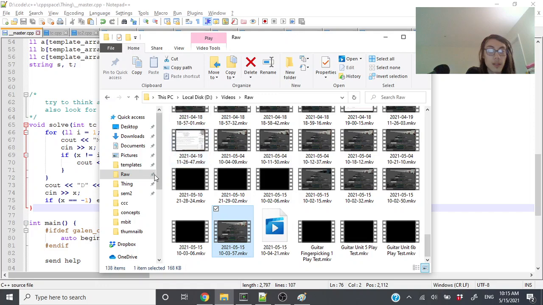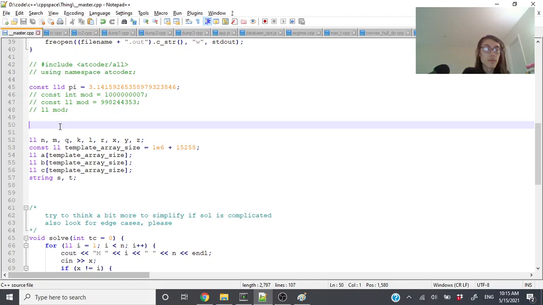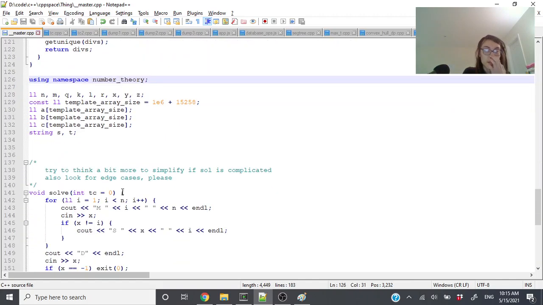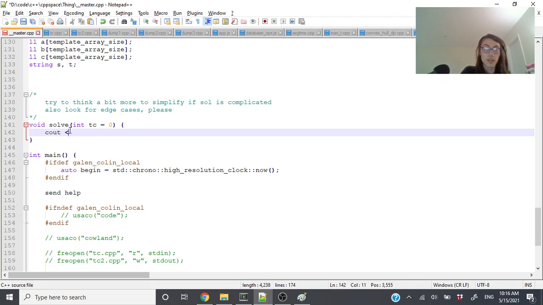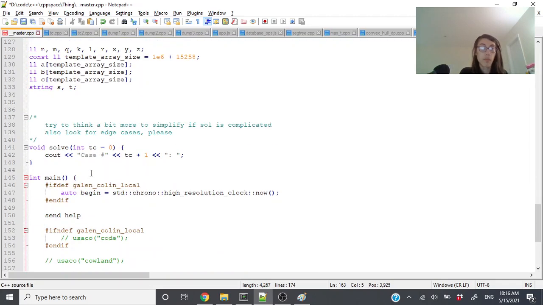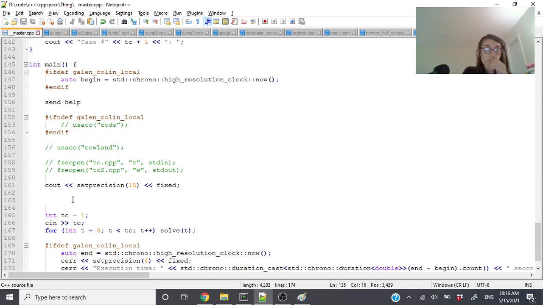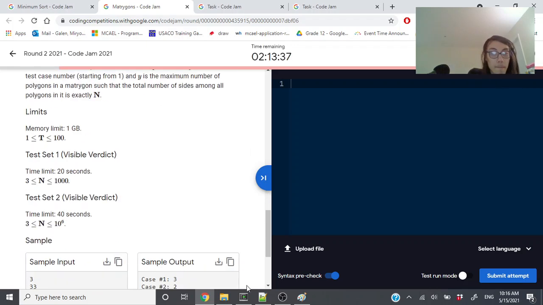So I'm going to copy in my number theory and just do that. So we're going to pre-compute some stuff. Case number tc plus 1. And yeah. So essentially we just iterate over divisors.